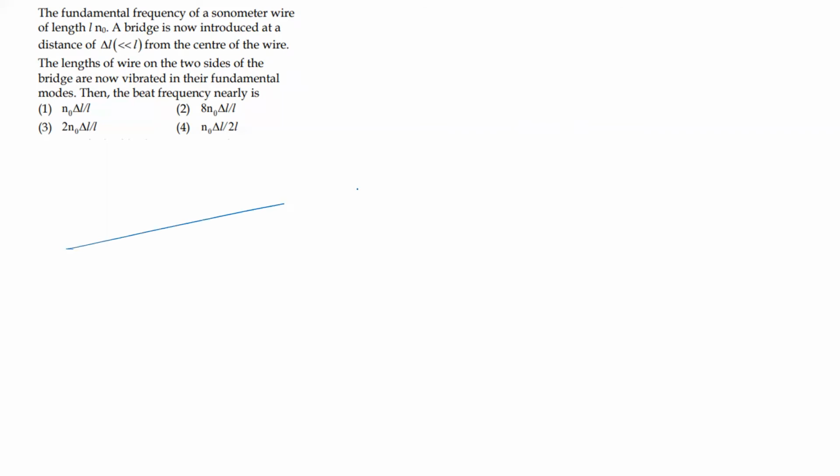so the sonometer wire is this one. This is actually the center. Okay. Yes or no? Now, what is the fundamental frequency for this? N is equal to V by 2L. So what happened? The bridge is introduced here. What is this? Delta L. So then what happened?